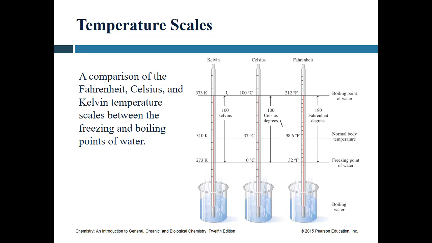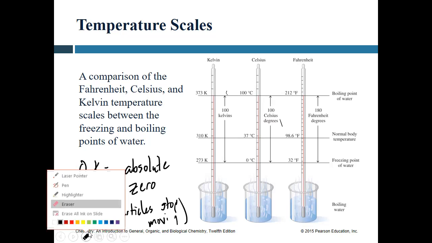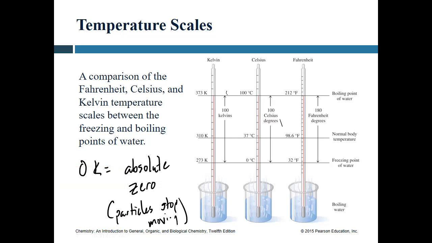Why the Kelvin scale is set this particular way has to do with what is called the 0 point on the scale. The 0 point on that Kelvin scale is an important one.